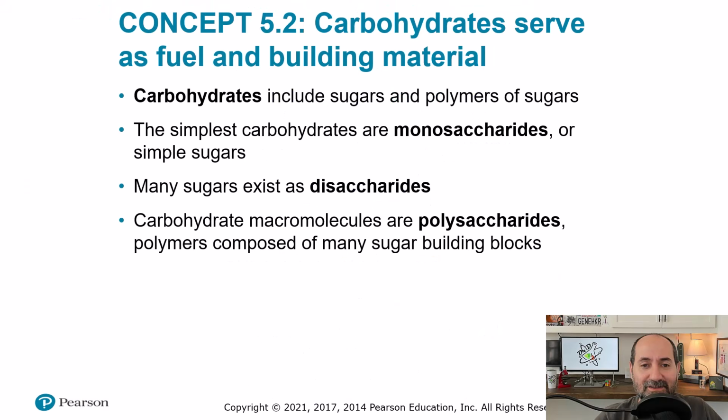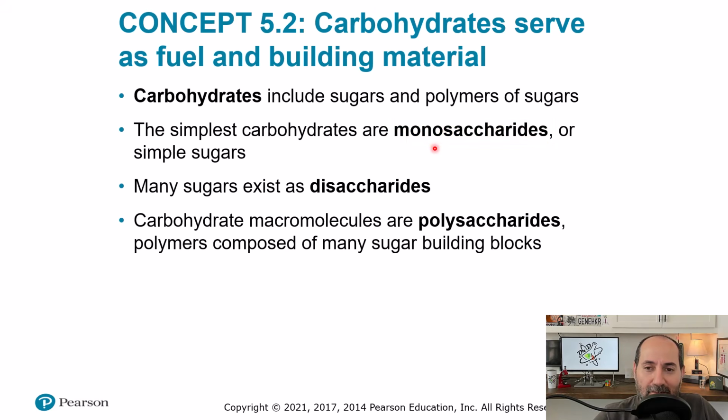Isn't that neat? So now let's delve into the first of the biomolecules, the carbohydrates. Carbohydrates include sugars and polymers of sugars. The simplest carbohydrates are called monosaccharides. You can think of monosaccharides as the monomers of sugars.